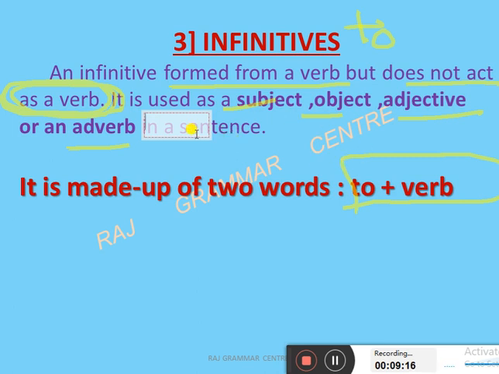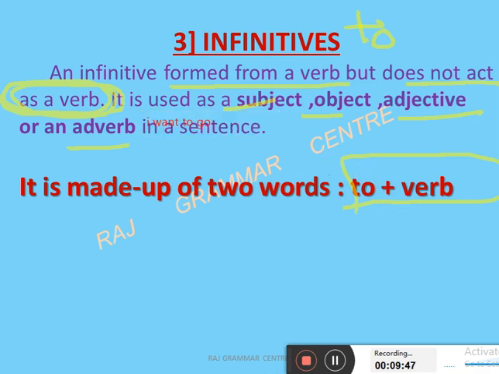I am typing here: I want to go. It is what? See, "want" is the finite verb, and "to go" is the second verb and it is an infinitive. So how will you identify it? If "to" is there before a verb, that combined part is called the infinitive. So here "to go" is the infinitive.